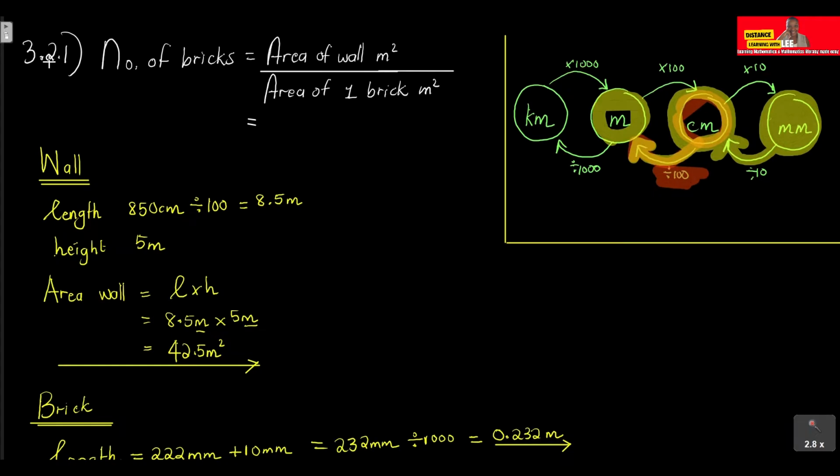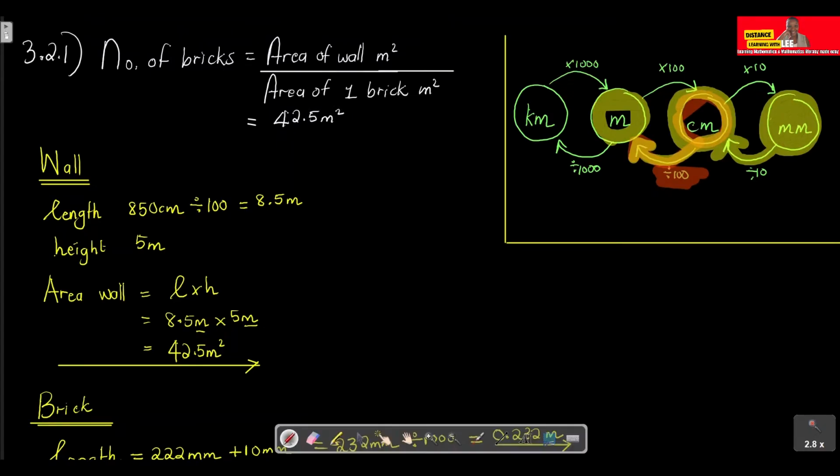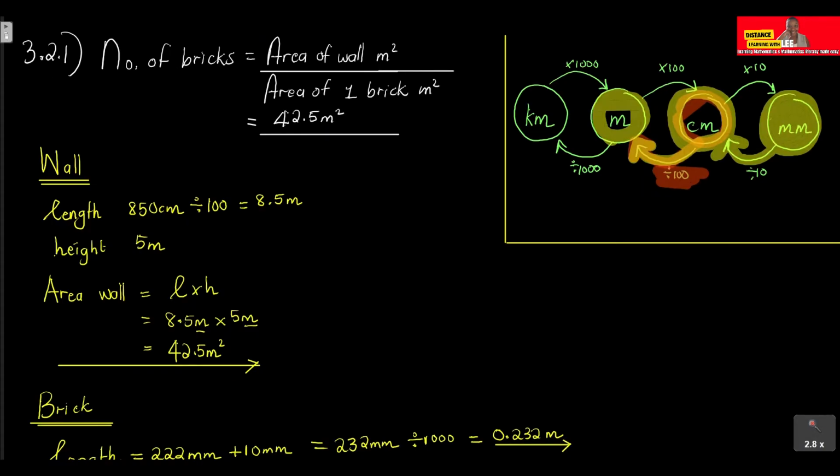We found that the area of the wall is 42.5 meters squared, divided by the area of one brick. We found that the area of one brick is equal to 0.01926 meters squared.